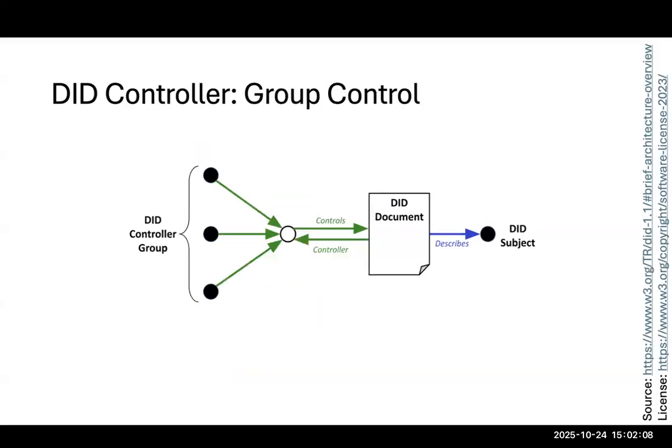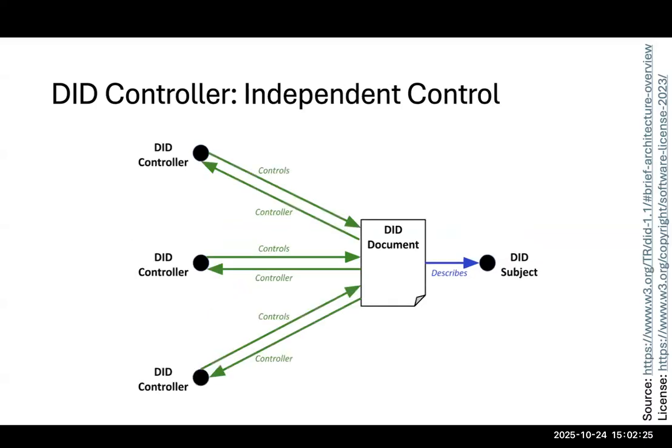Besides the independent control, you can also have a DID controller group, another option. They must be handled. It's not the DID recommendation that tells you how; it's your custom specification and implementation that has to deal with it.